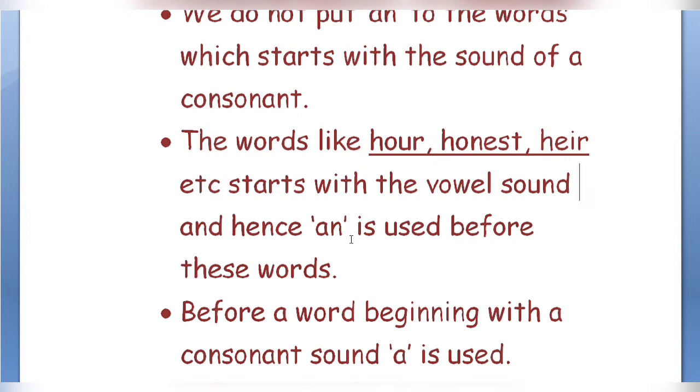You say an hour, an honest, an heir. An honest person. I have not completed the sentence, I'm just using it with one word: an hour, an honest, an heir.